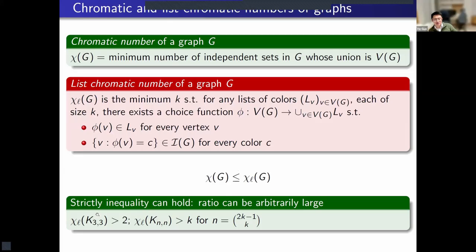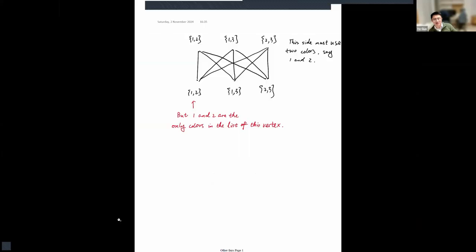Naturally, this strict inequality can hold. As an example, the list chromatic number of the complete bipartite graph K33 is strictly greater than 2. Because K33 is a bipartite graph, you know the chromatic number is 2, but the list chromatic number is strictly greater than 2.